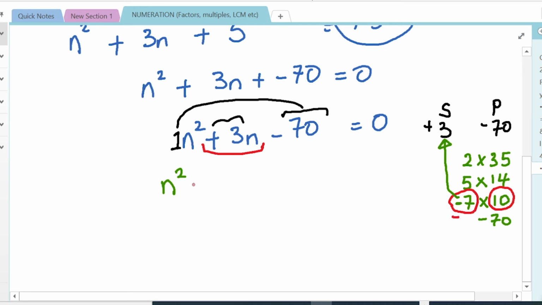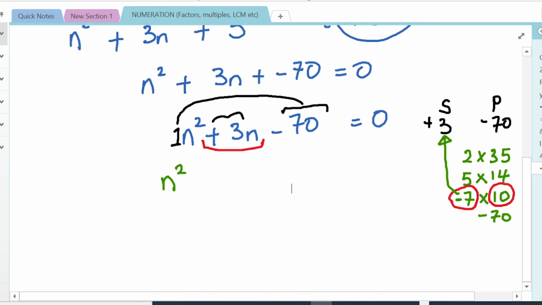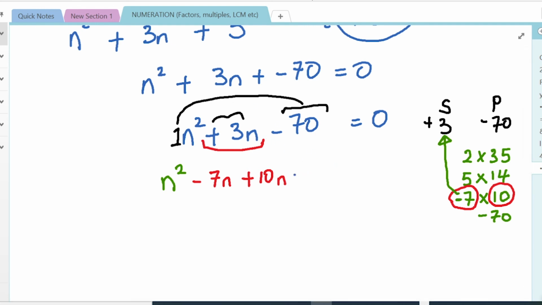So it becomes minus 7n plus 10n, then we come to minus 70 is equal to 0.